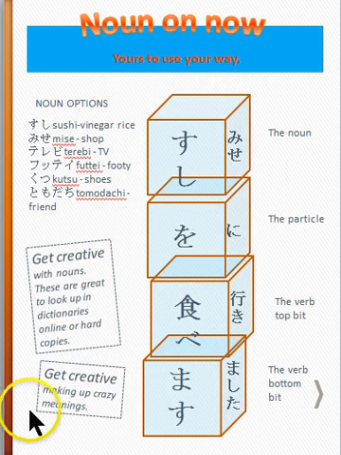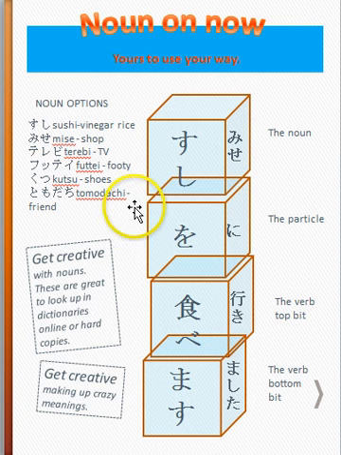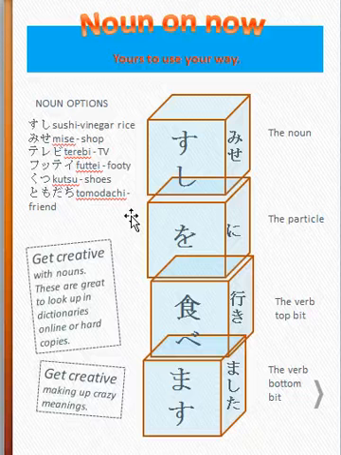Noun on now. Depending on what the verb is, depends what sort of noun you might put on top. If your verb is tabe, like it is in the front block here, then you will need a food on top. Otherwise you'll end up saying something like futi o tabemasu, which would be I eat a footy. And you can do that if you like, but I don't think they're very yummy.